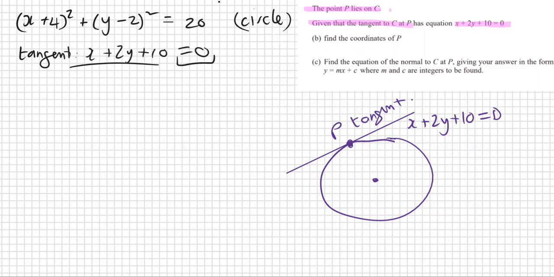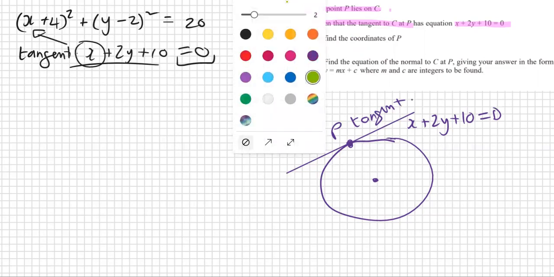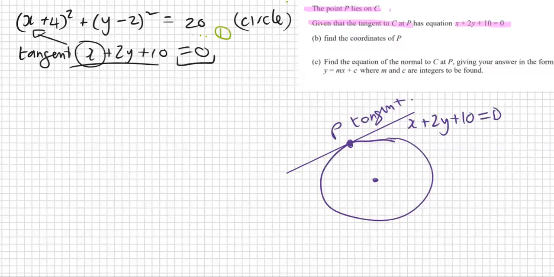So when I do this, the easiest is to get x on its own. If you get x on its own, it's much easier to sub that x value into the other equation. So we can quickly label this one as equation 1, the circle. And let's rearrange equation 2 slightly. So x, why did I say ignore the 0?